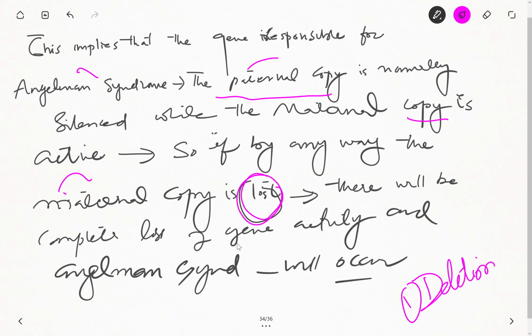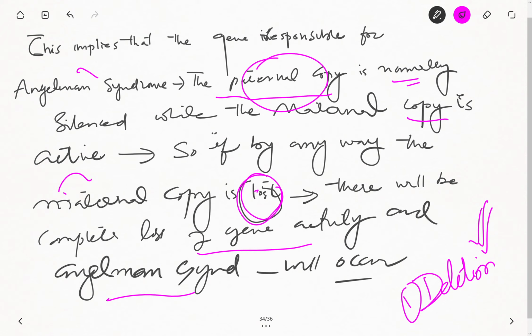The paternal copy is already silenced, so there will be complete loss of gene activity, and we will have zero or very decreased product of that gene, and this will lead to Angelman syndrome. Deletion is one way that Angelman syndrome can happen.